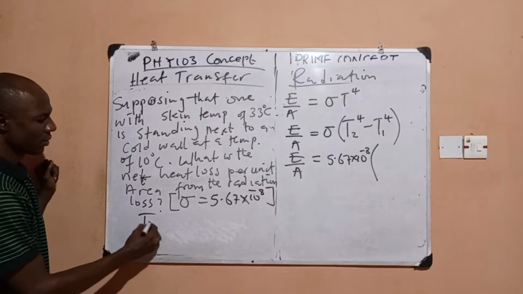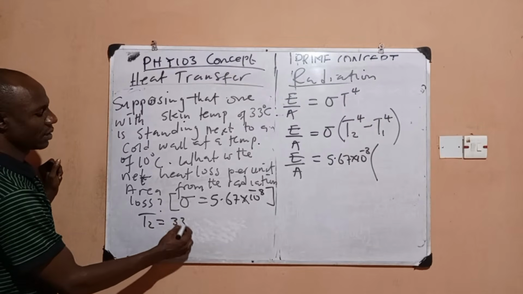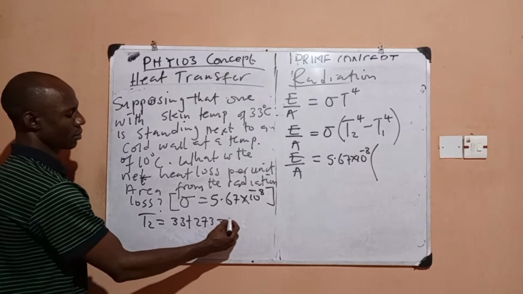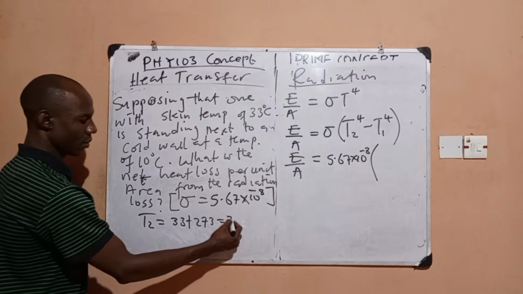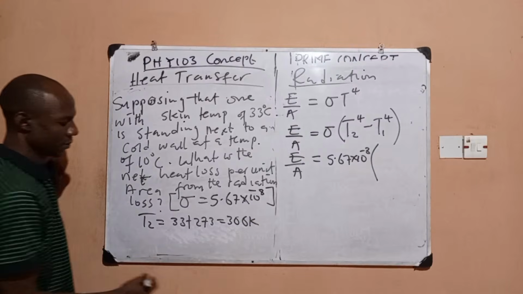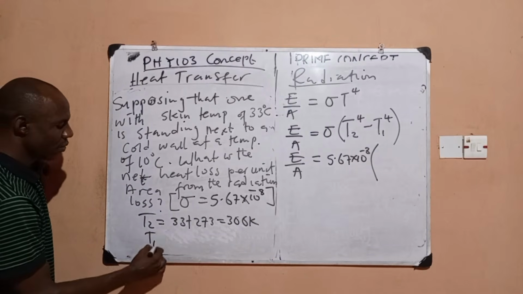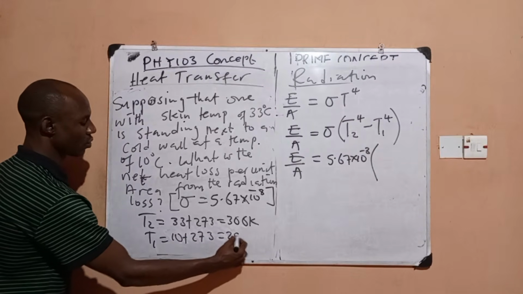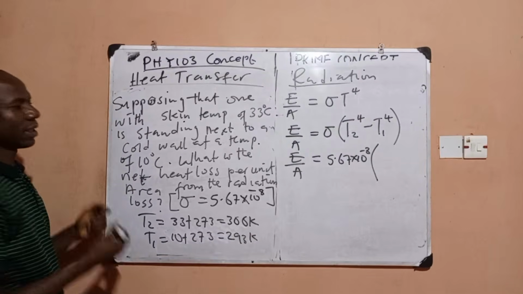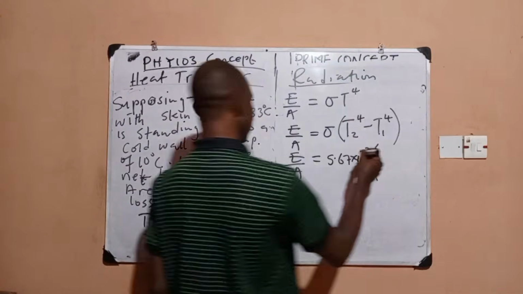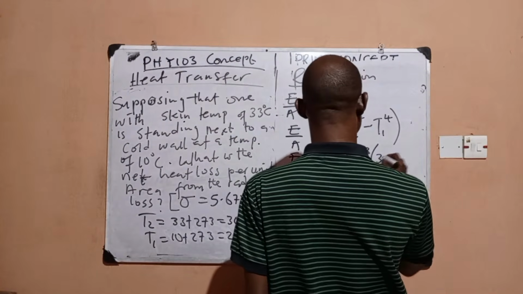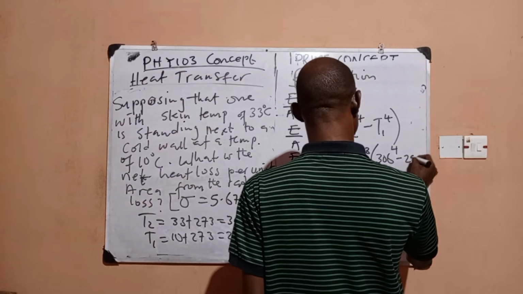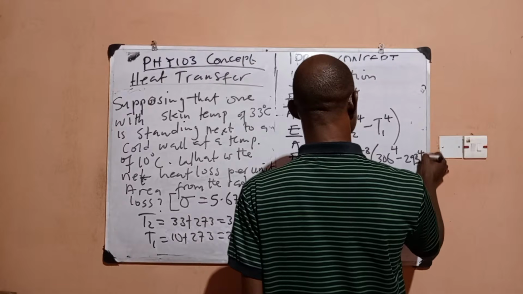So let me do that. T2 is 33 plus 273, which is 306. And T1 is 10 plus 273, which is 293 Kelvin. So if I use them here, I would have 306 raised to the power 4 minus 293 raised to the power 4.